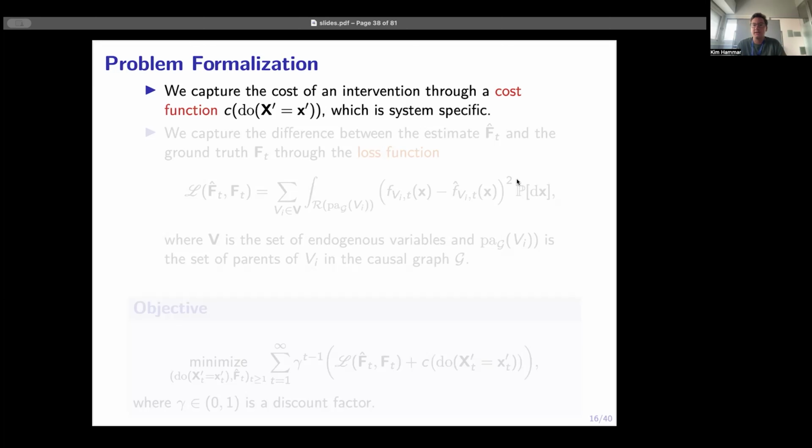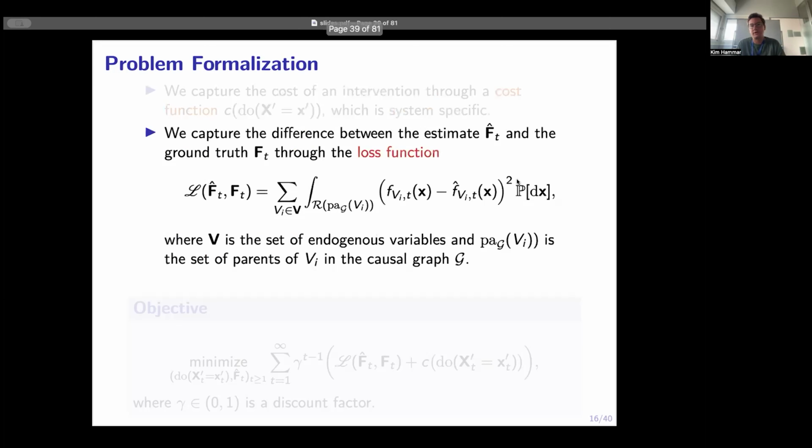And we capture that objective by introducing this loss function L. And this is essentially the mean squared error between the true causal function f and the estimated causal function f hat. So the precise formula here is not that important, but just remember that this loss function L captures the difference between your estimated causal functions f hat and the true causal functions f.